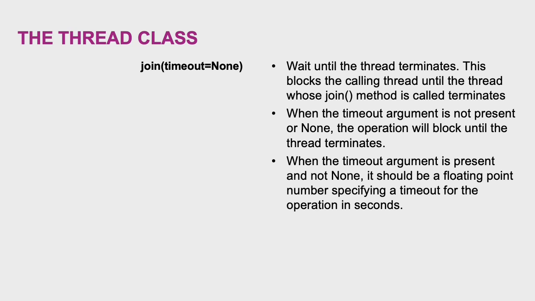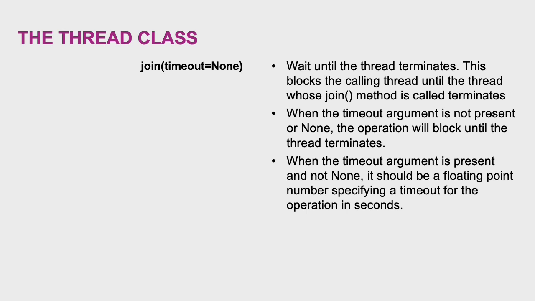Finally, we have join. Join waits until the thread terminates. This blocks the calling thread until the thread whose join method is called actually terminates. And the thread actually terminates when its run method terminates, or when an exception is raised.